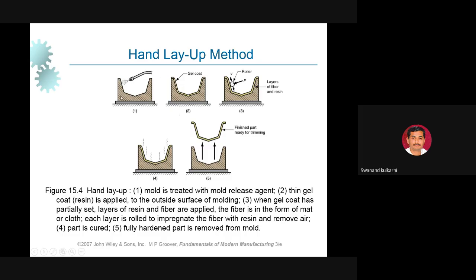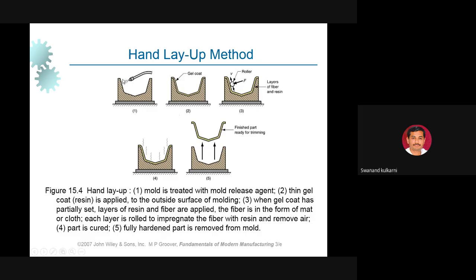Then the mold of this shape is what we first require. Then here you can observe what is shown. First of all, its coating is done. So the mold is treated with mold releasing agent. This mold releasing agent is first of all required, which is shown in figure 1.